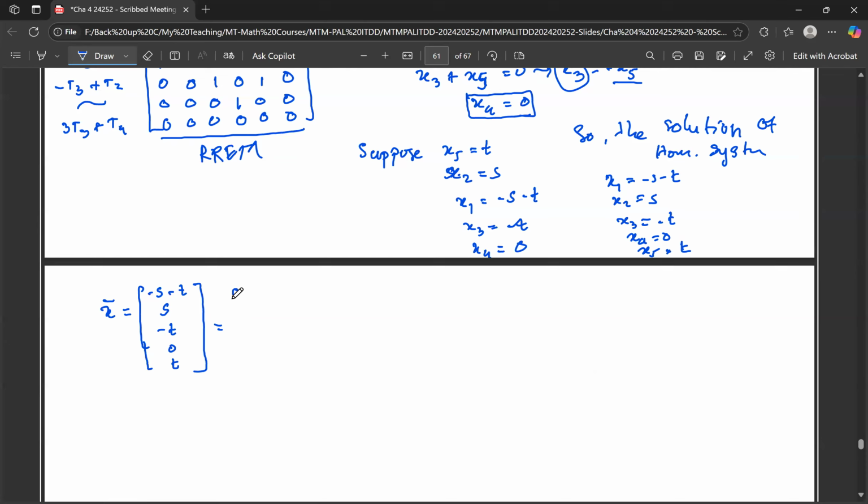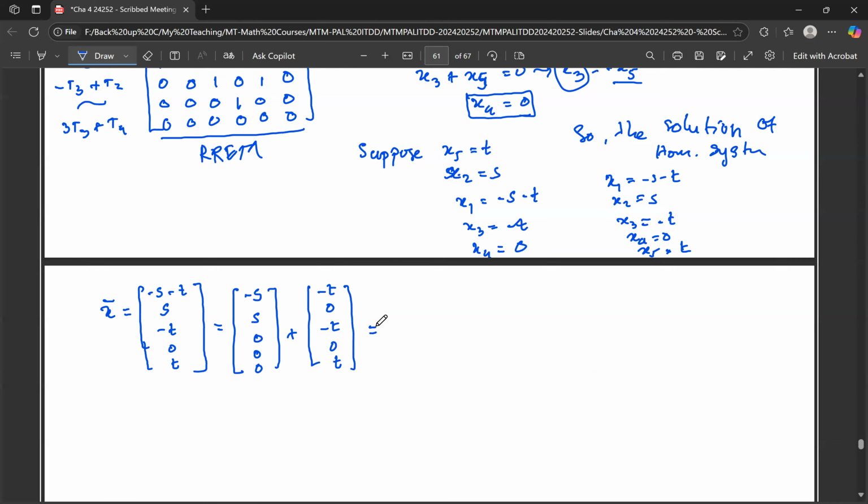We divide it into two parts, because we have two parameters here: minus s, s, 0, 0, 0, plus minus t, 0, minus t, 0, and t.